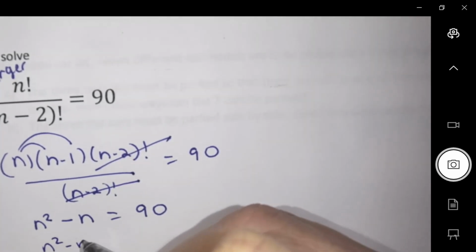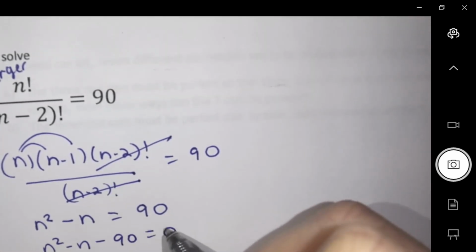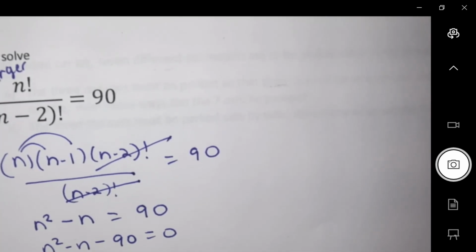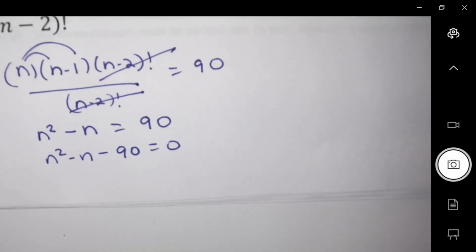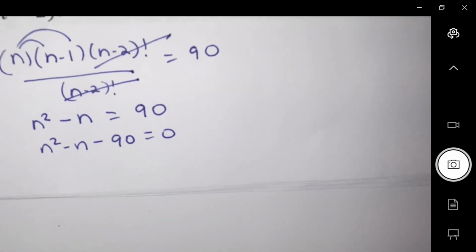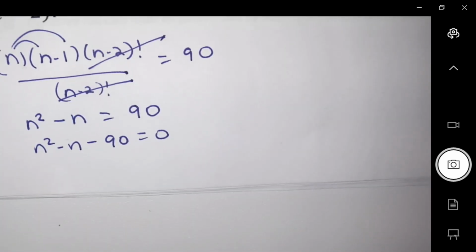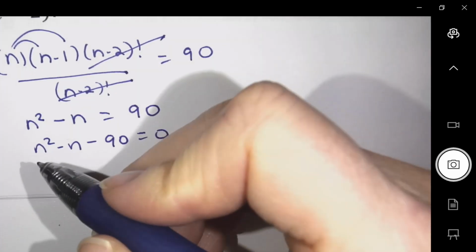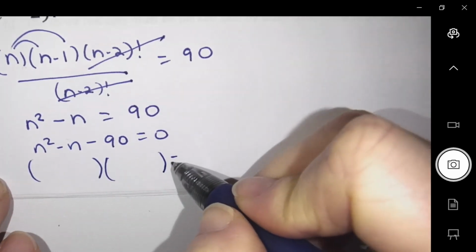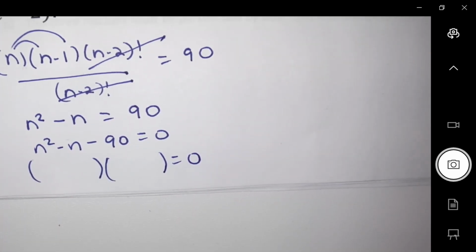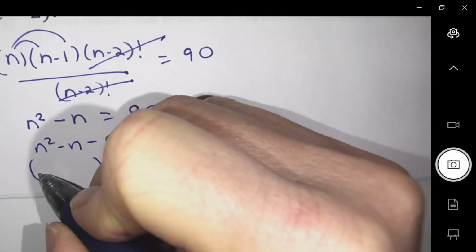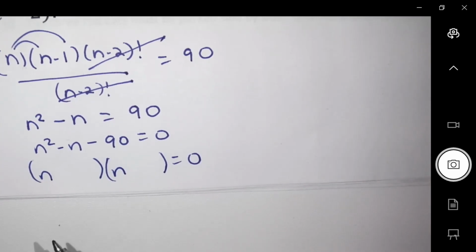Then I would move the 90 over to zero out my equation. So this is very pre-calcy here. And then you did this skill. Everybody has done this skill. I need to factor that. Somewhere along the line, you remember that skill. Some of you haven't done it for a while. n times n.